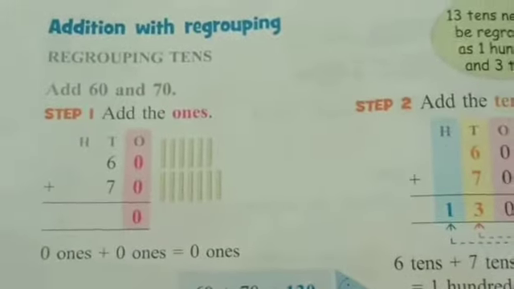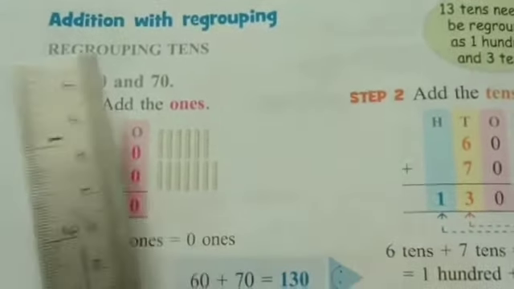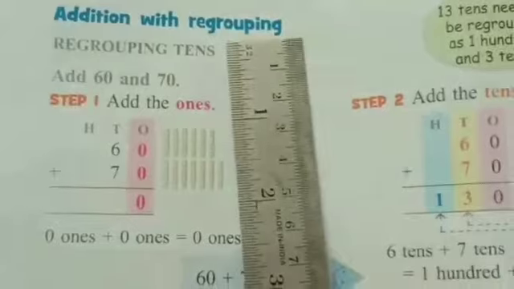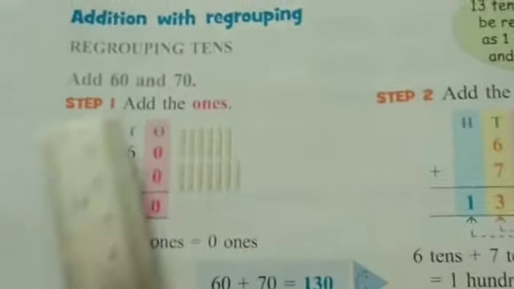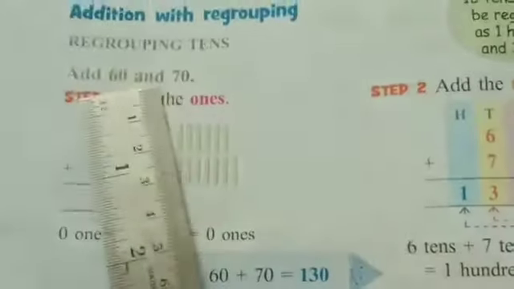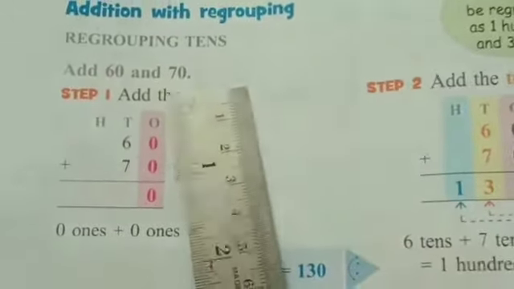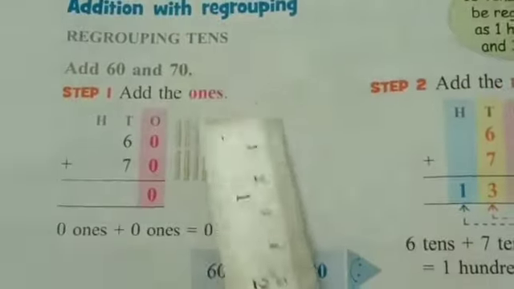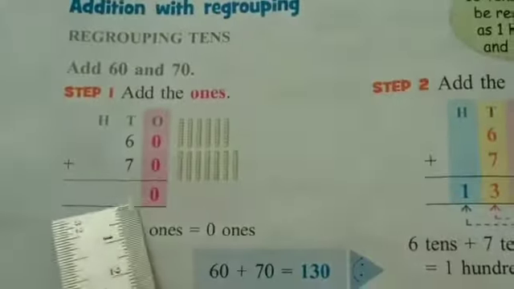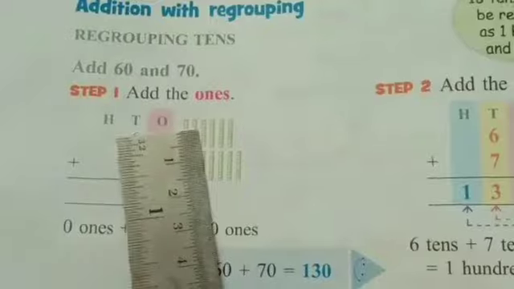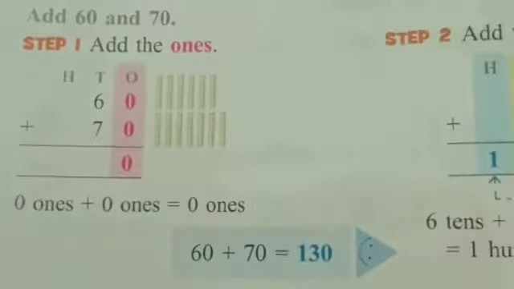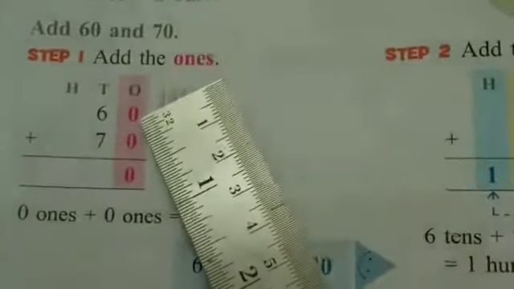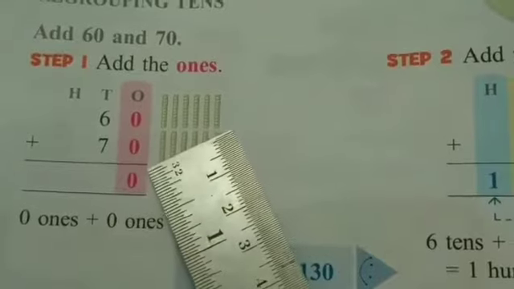So my dear children, now let's do the addition with regrouping. So regrouping tens. Let's move on. Now here we have to add 60 and 70. First we'll add the ones. You can see here ones, tens and hundreds. Dear children, in the ones place there are 2 zeros.